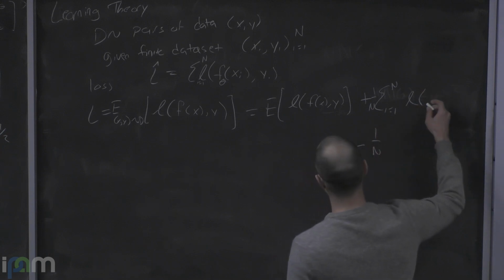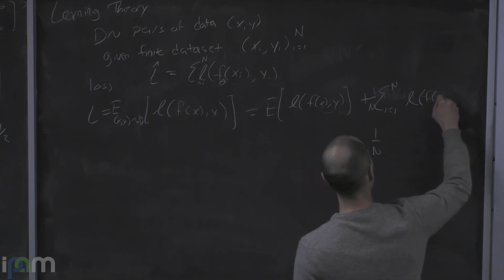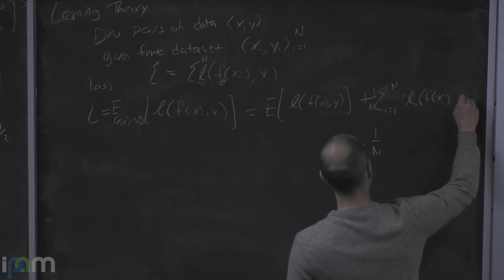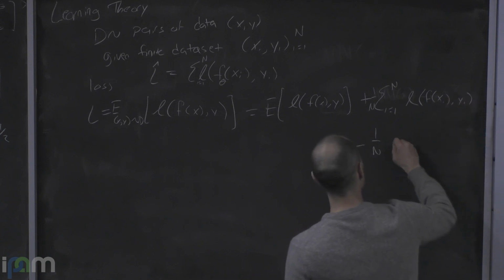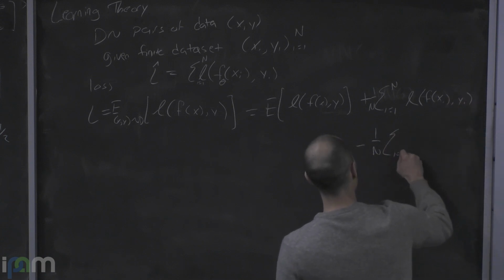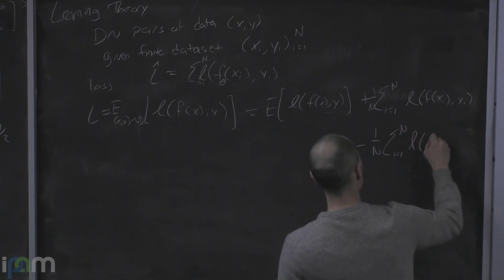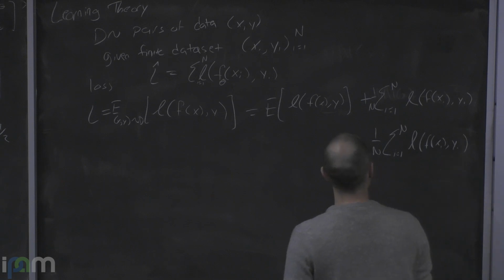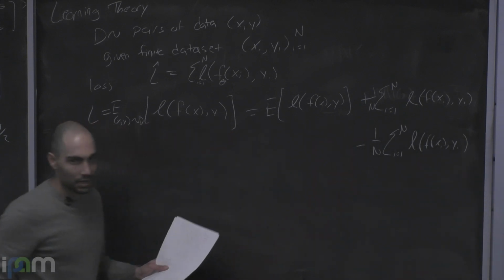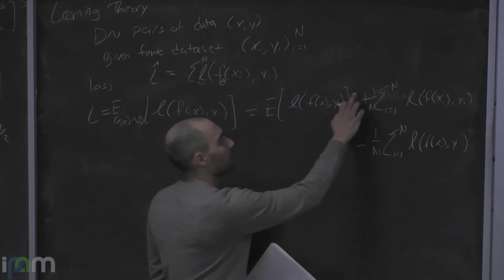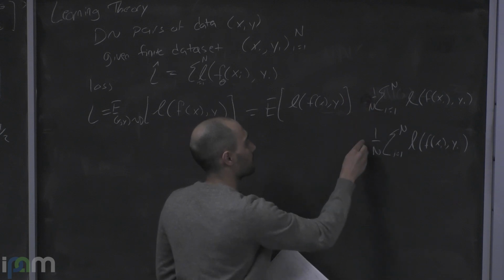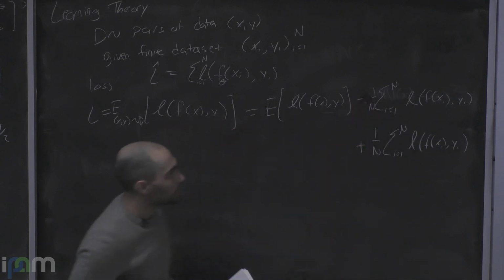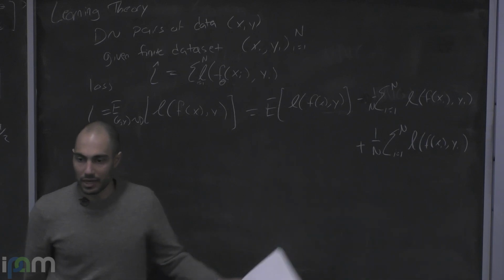So we subtract our empirical loss, and then add it again. This is valid, because we're just adding and subtracting the same quantity.